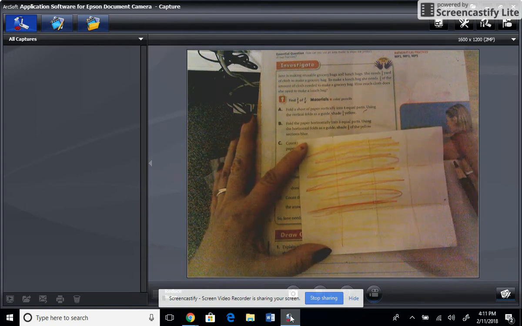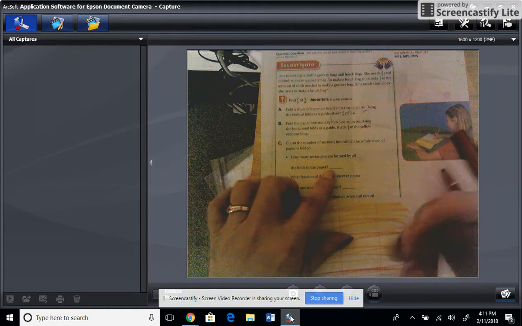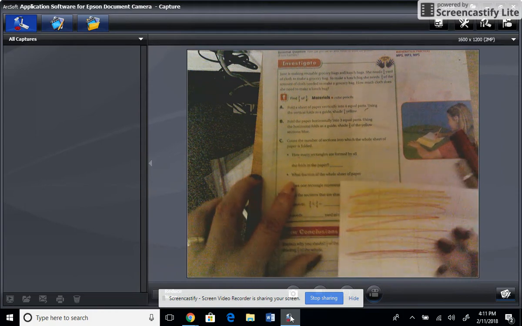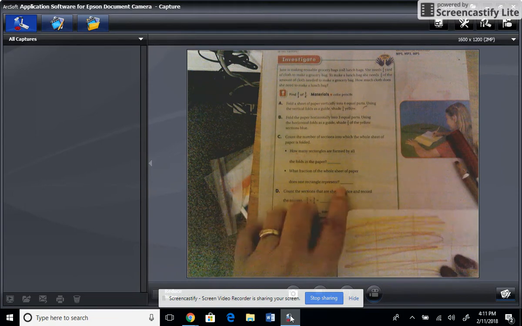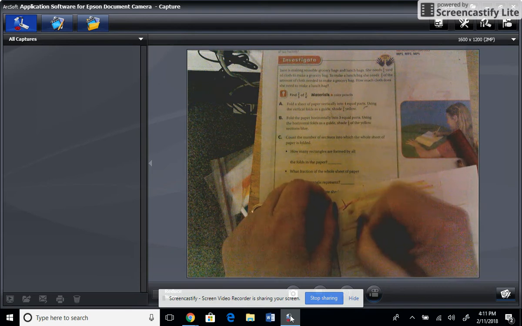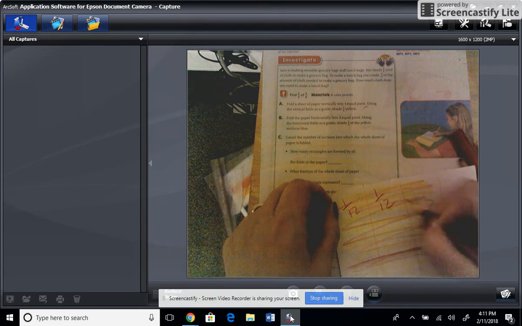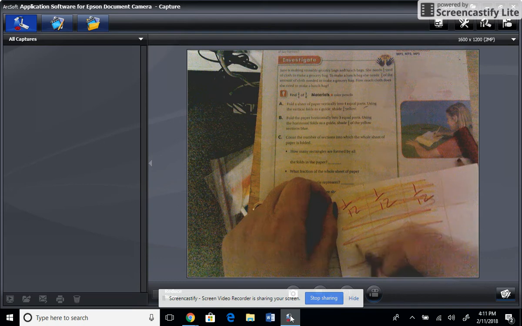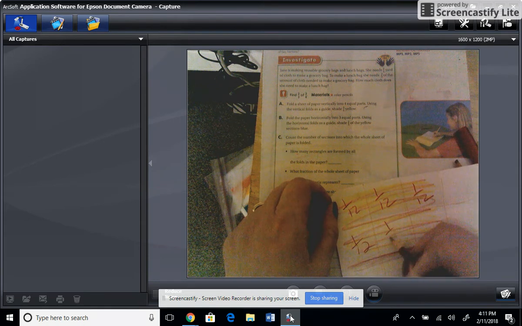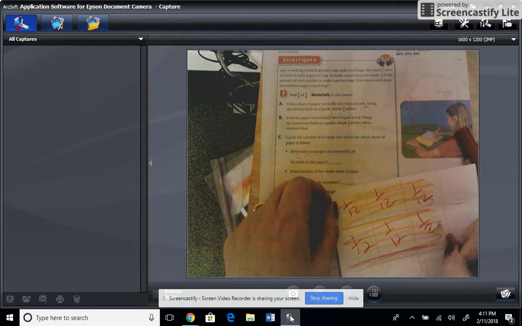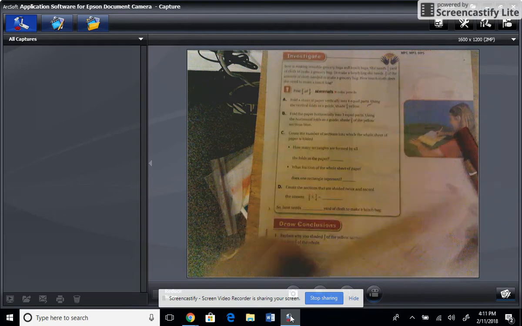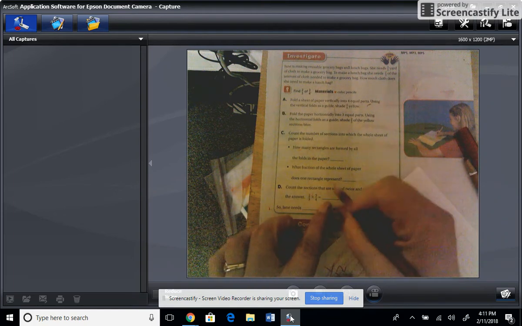So here is 12. So what does each one of these come to? 1/12, 1/12, 1/12. Well, how many did I need? Well, if I look at this, I needed 6/12. So 2/3 of 3/4 equals 6/12.